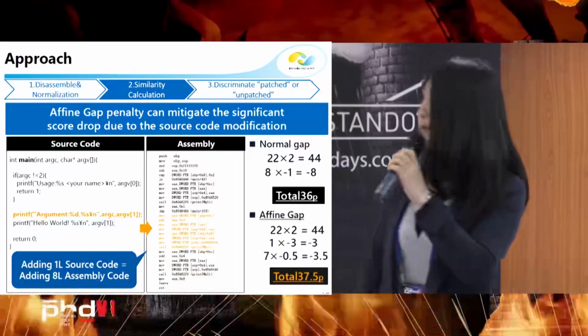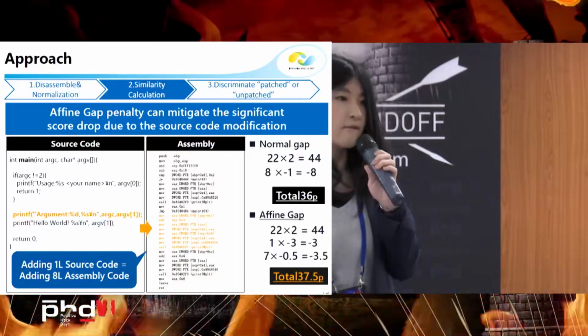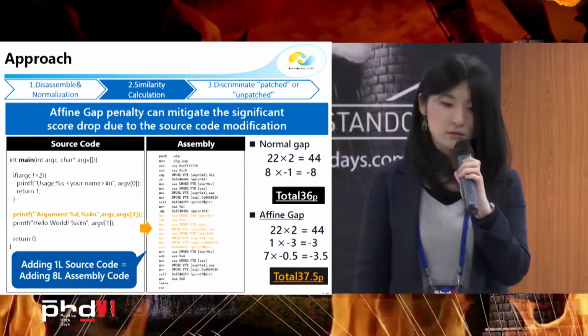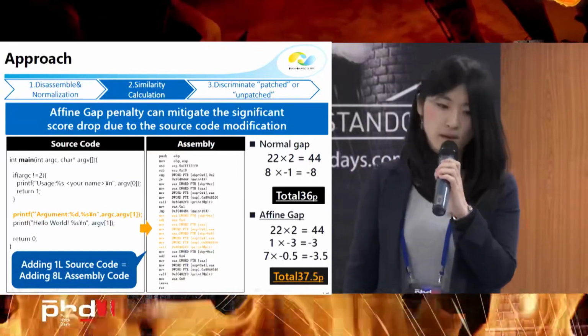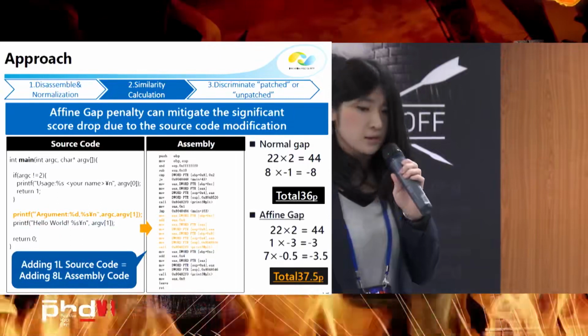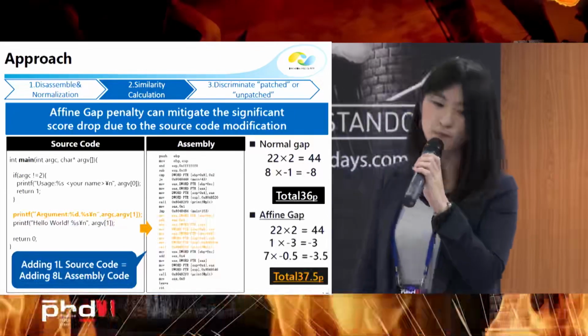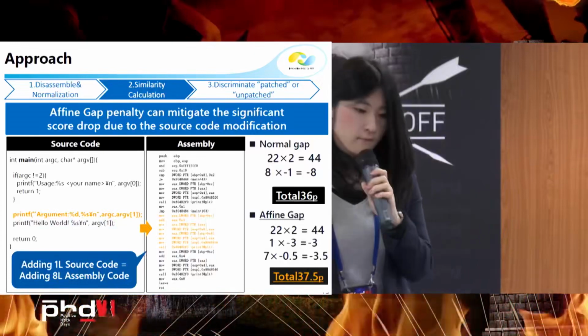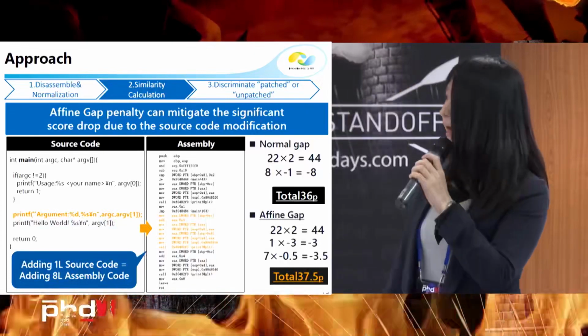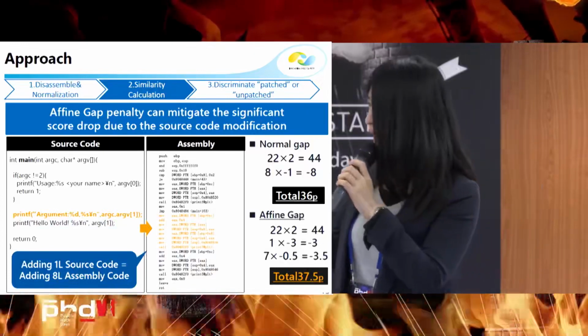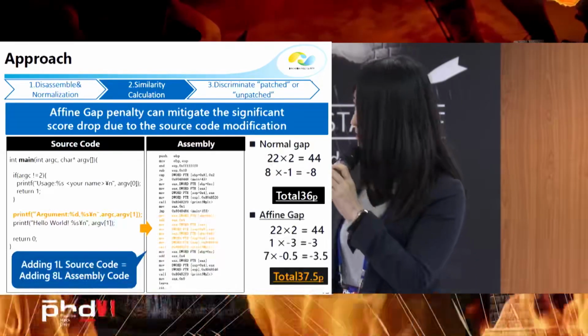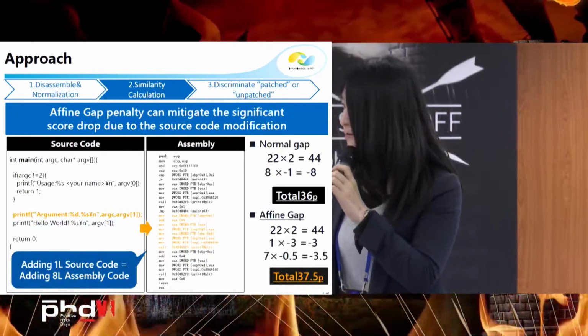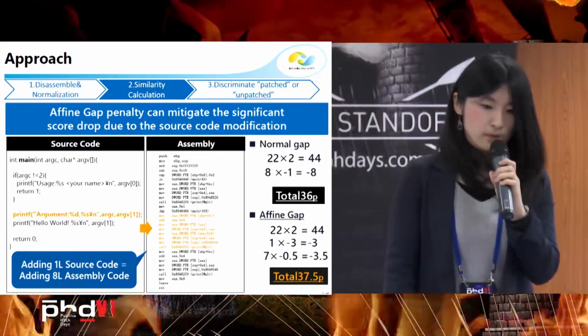Okay. So next, I want to talk about the advantage of the affine gap penalty. The affine gap penalty can mitigate the significant score drop due to source code modification. For this example, adding one new line in the source code means adding 8 new lines to the assembly code.